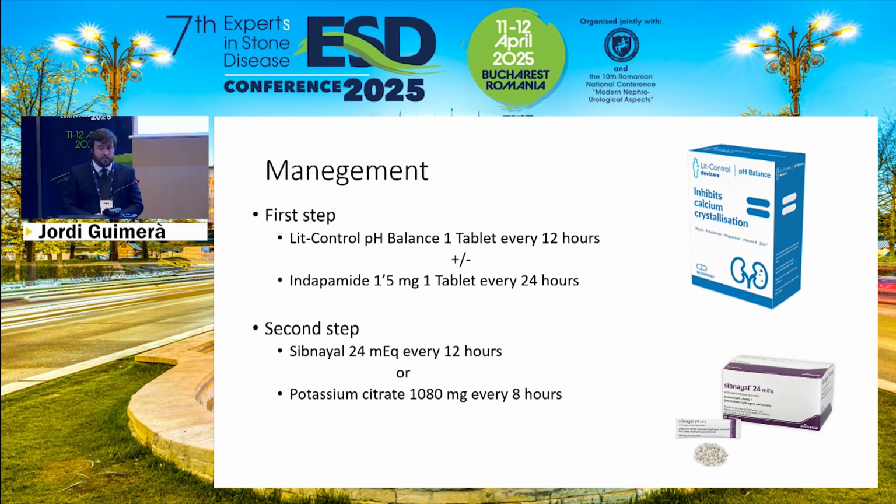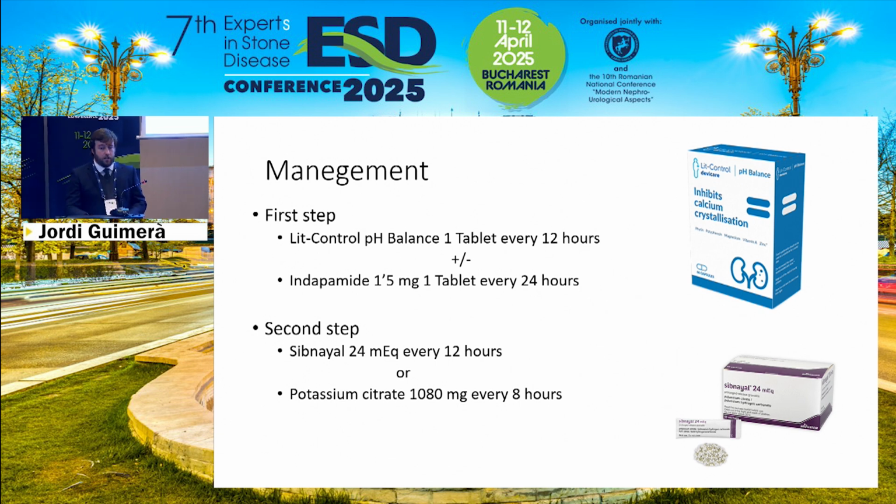And sometimes if the calciuria I see is very intense, above 300 or 350, I use indapamide. And then in 3 months, if this calciuria is not controlled, I add to this treatment either Sibnayal or potassium citrate. If I'm lucky and my hospital pays for that, I use Sibnayal.